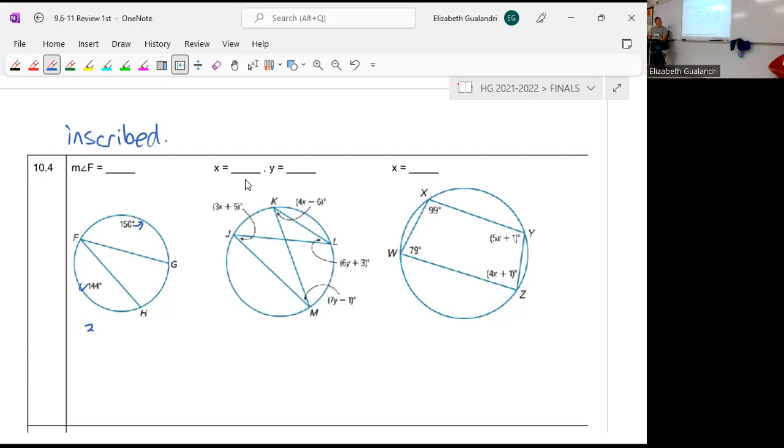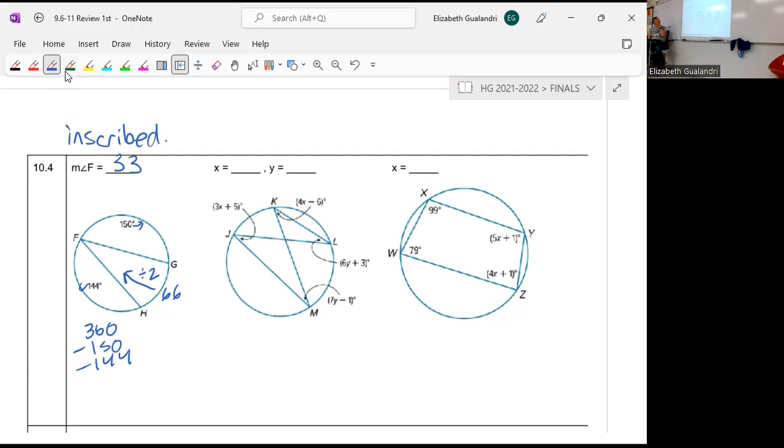So you can take 360 minus 150 minus 144. I did all of that in my calculator, just write it there so you can see it. I got 66. So that is that arc there. And then you just take that and divide by 2, and that gives you that angle, which is 36 degrees. So the inscribed angle is half its intersection arc.